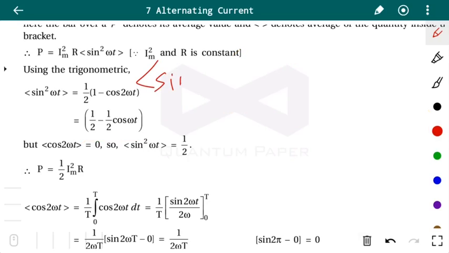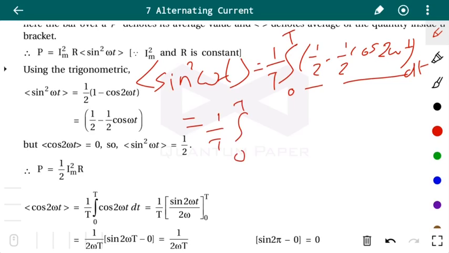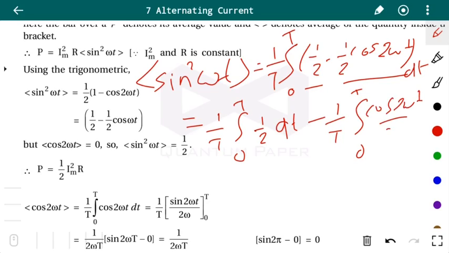So we can write the average of sine square omega t equals 1 by T integration from 0 to T of 1 by 2 minus 1 by 2 cos 2 omega t dt. Now splitting the first term and the second term, we can write 1 by T integration from 0 to T 1 by 2 dt minus 1 by T integration from 0 to T cos 2 omega t by 2 dt.